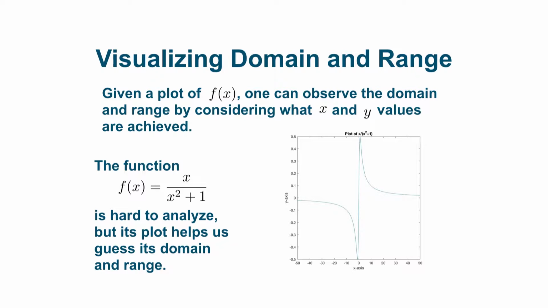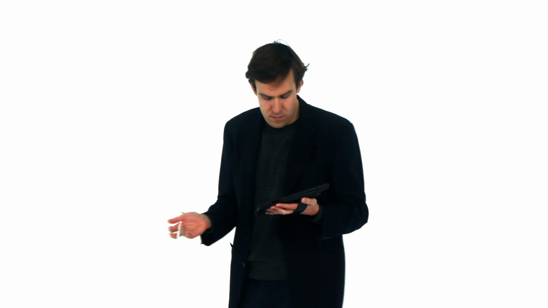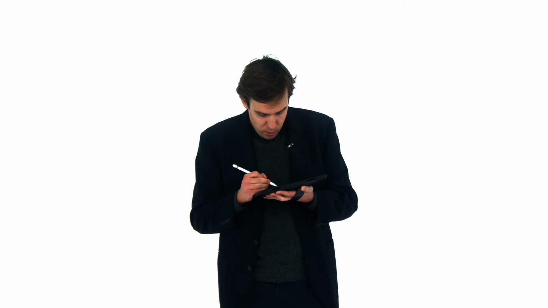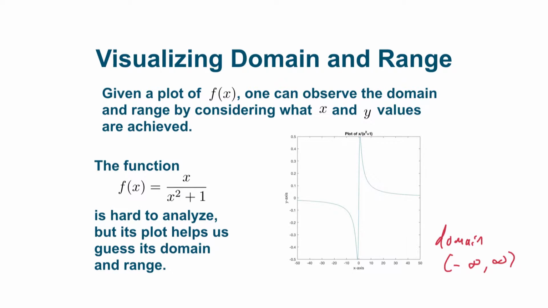But if I give you a picture, you can tell me that, well, it looks like the domain is everything. I have no issues. Admittedly, I'm only looking at x running from negative 50 to 50. But in that case, that tells the whole story. How about y values? Well, the biggest y value I get is 0.5, and the smallest one is negative 0.5.